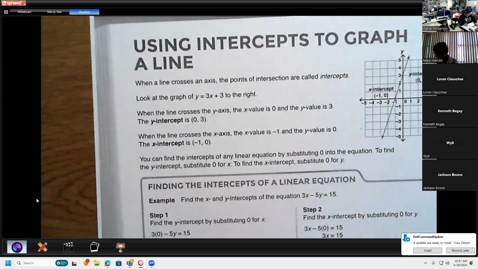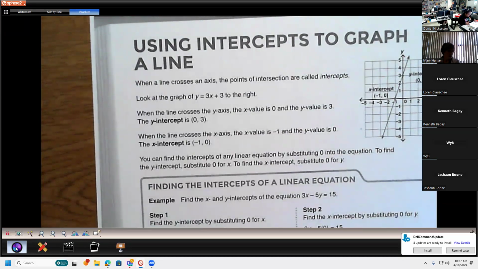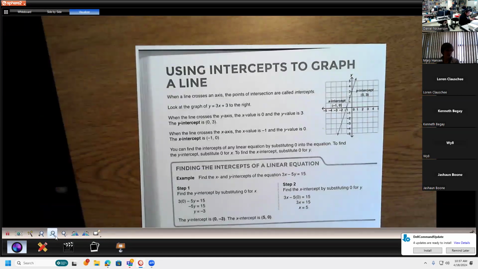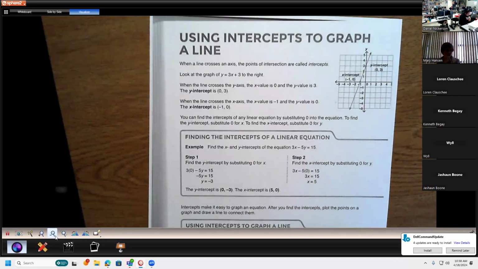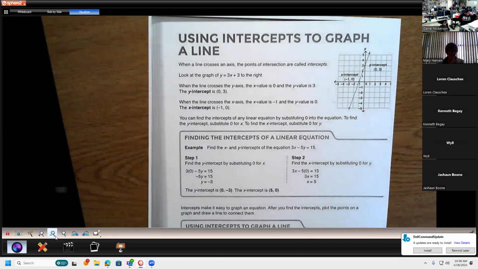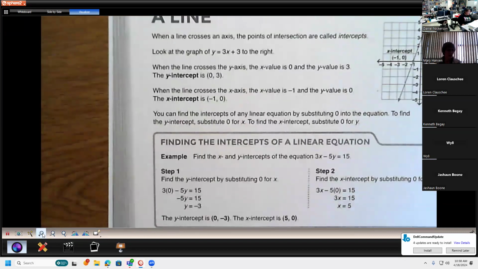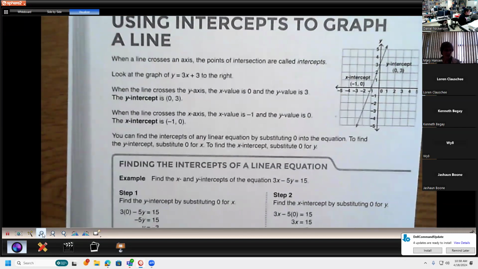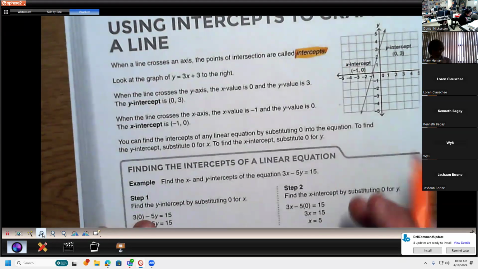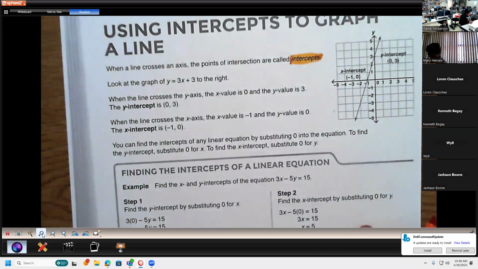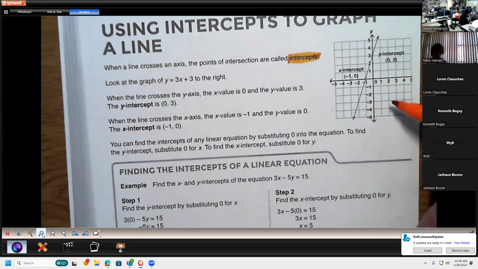Okay, so page 24 is where we're at. It says using intercepts to graph a line. I think we used this word on Tuesday, but if you weren't here, an intercept is where a line crosses an axis.